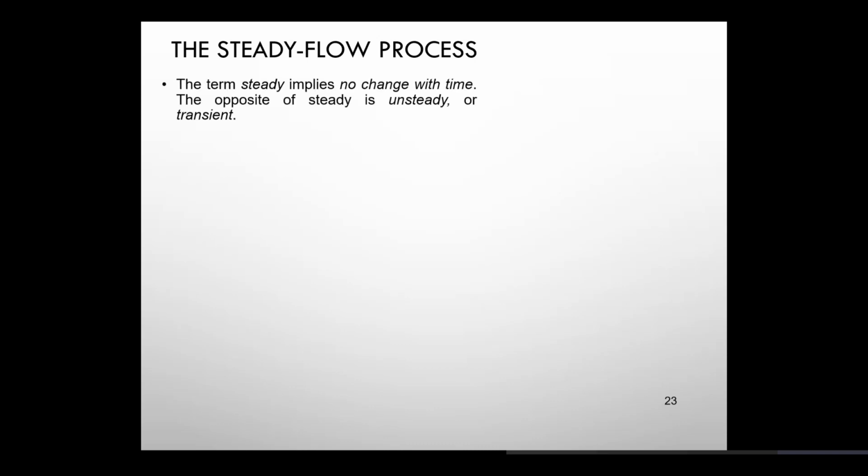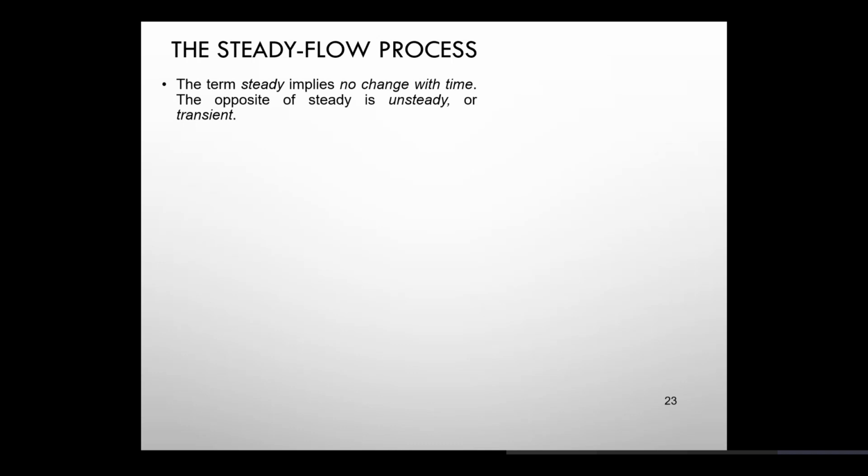Flow means that the system that you're dealing with is an open system or a closed system? Open system, because flow means that there is a certain amount of fluid or mass coming into the system. So the term steady flow is more often associated with open systems. Clear? And the opposite of steady is unsteady or transient flow.